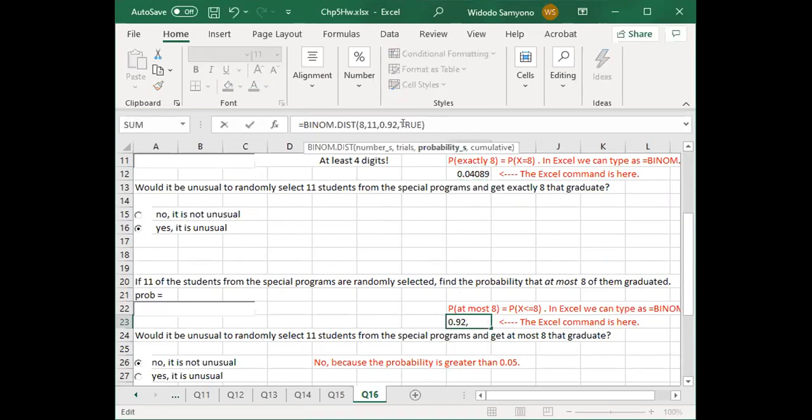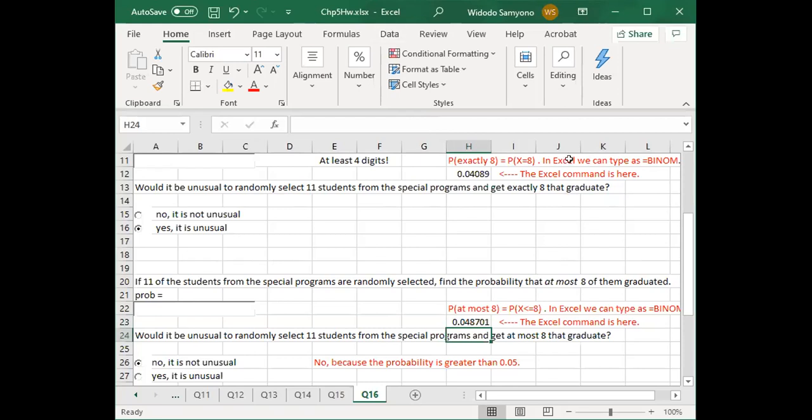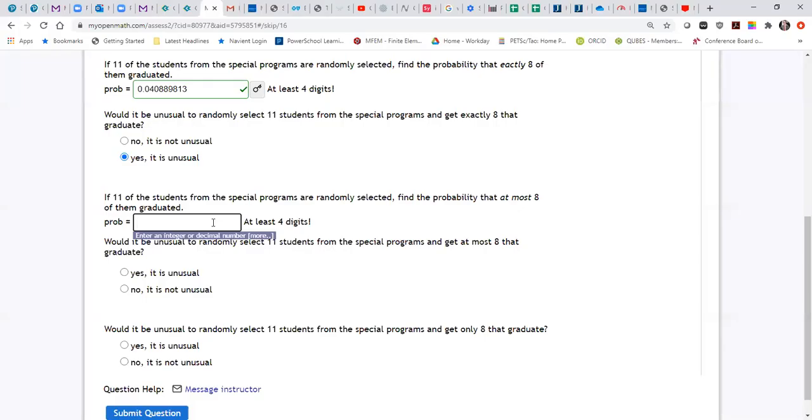The probability will be 0.922. So that will be the answer. You can copy and then paste it to your answer in MyOpenMath. This is unusual because your answer is less than 0.05, right? Less than 0.05.